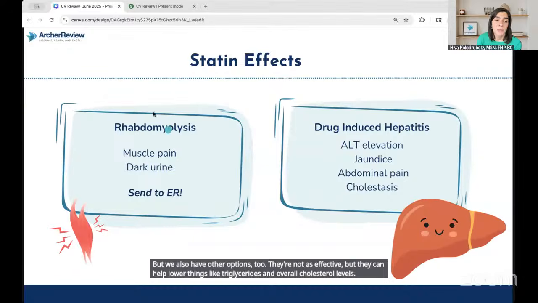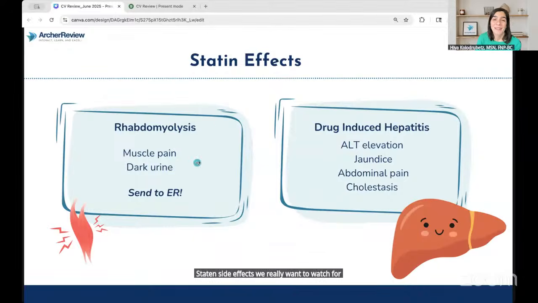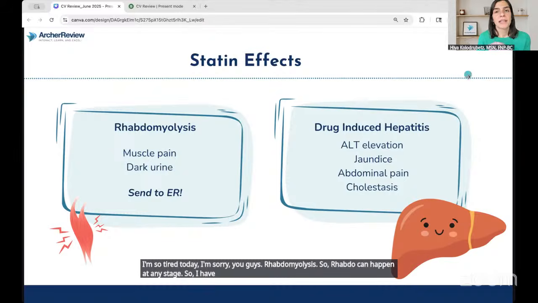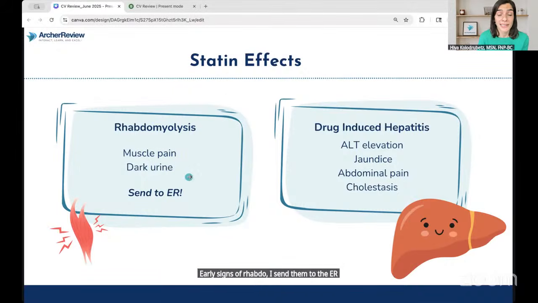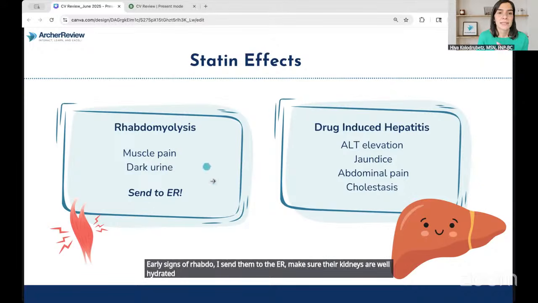Statin side effects we really want to watch for is rhabdomyolysis. I'm so tired today. I'm sorry, you guys. Rhabdomyolysis. So rhabdo can happen at any stage. I have patients who've been on statins for a long time, and then all of a sudden they start having that muscle cramping, and it's early signs of rhabdo. I send them to the ER, make sure their kidneys are well hydrated, and we stop the statin.